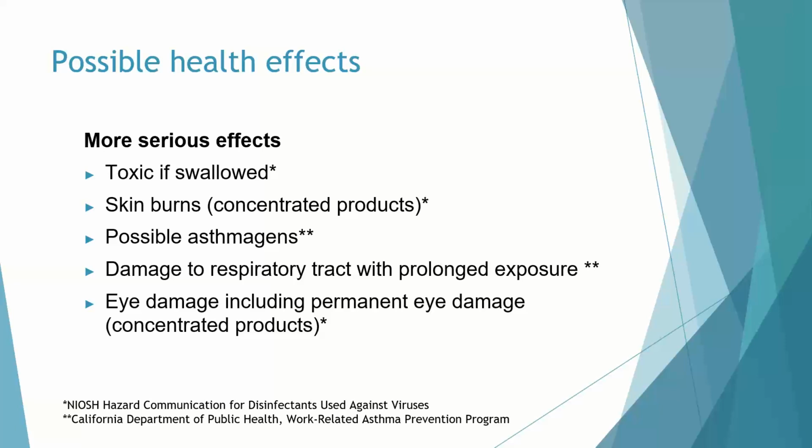In fact, there are a number of regulatory bodies that do consider bleach and quaternary ammonium compounds to be asthmagens, something that could trigger asthma. So that's something to keep in mind, especially if you're in a setting where these products are being used frequently. Next slide.